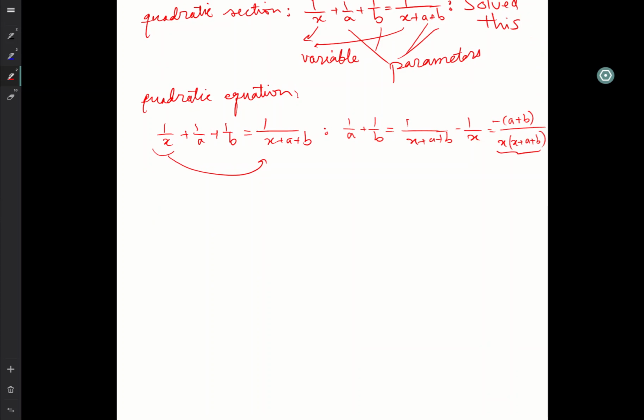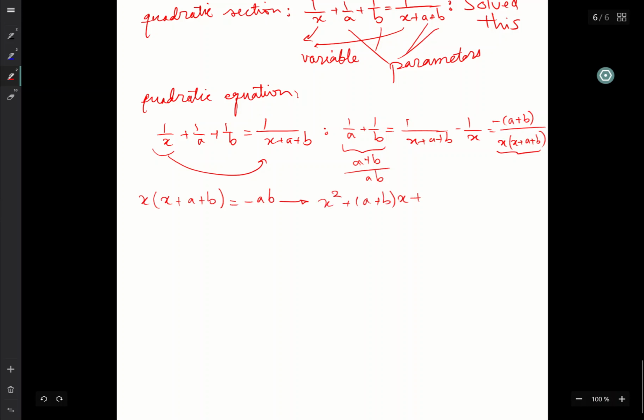And then the left hand side is also (a plus b) divided by ab, and therefore x times (x plus a plus b) is equal to minus ab, and therefore x squared plus (a plus b)x plus ab is 0, and we end up with a quadratic equation, right? Quadratic equation.